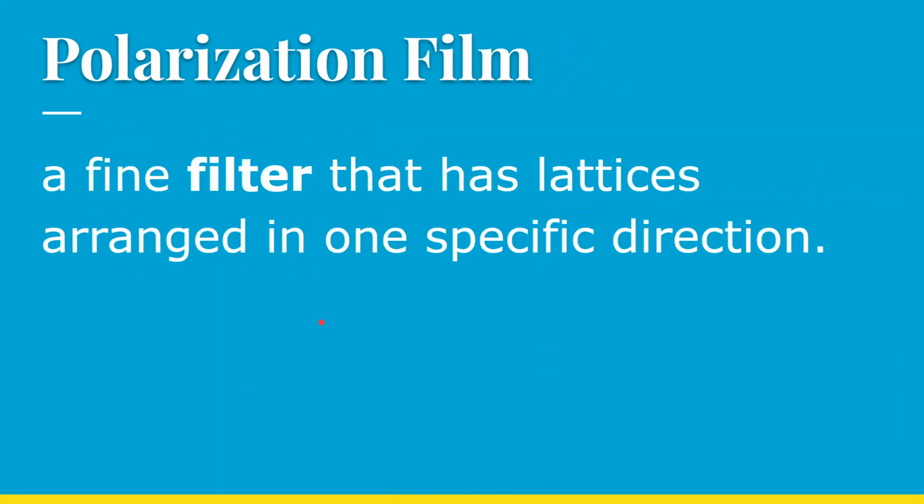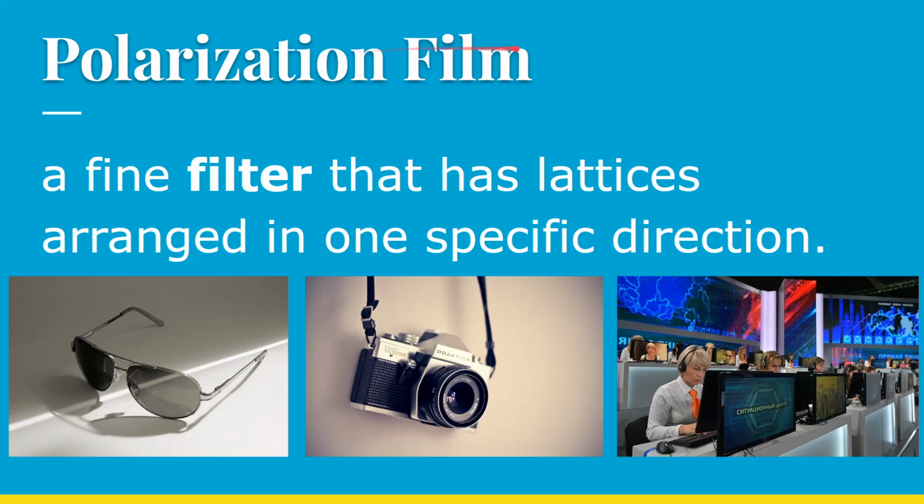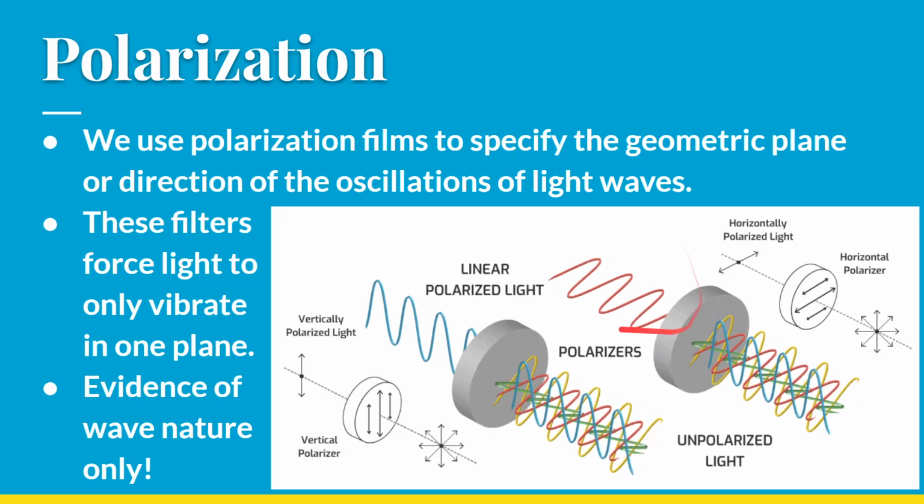Okay, so the polarization film itself is a fine filter that has lattices arranged in one specific direction. So although you can't see them, there might be tiny slits in that film that are all vertical, or maybe they're all horizontal. And by doing that, they only allow certain parts of the light wave through. So this is what I'm talking about.